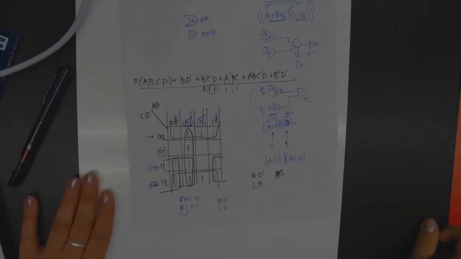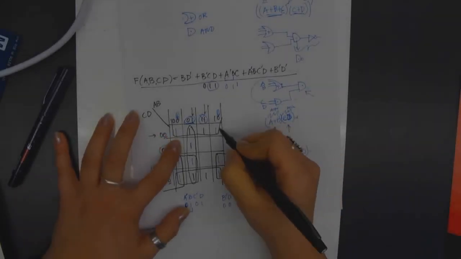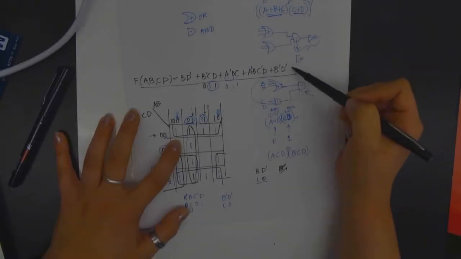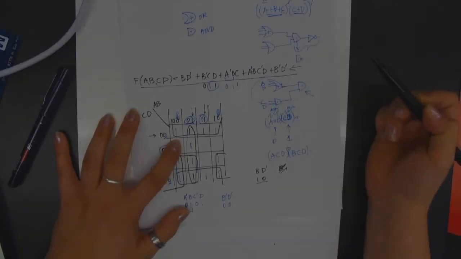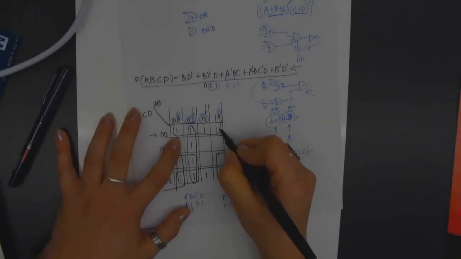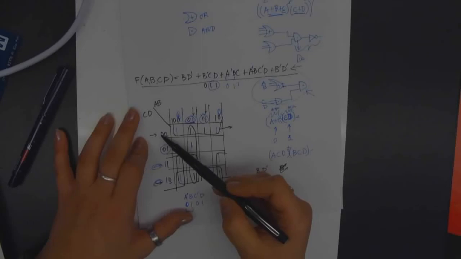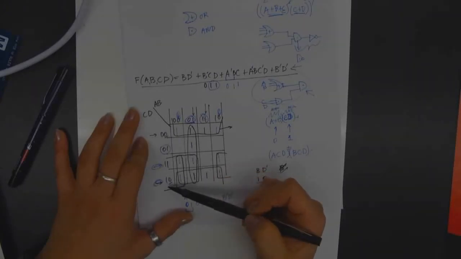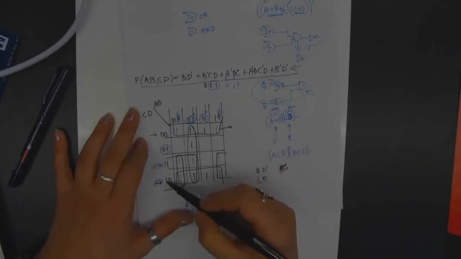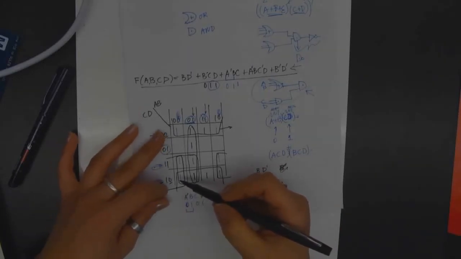Cool. And then you can go from there and name these guys, which would give us our simplified expression. Obviously, this is not simplified. What we're looking for is simplified. So this first one, we're looking at CD both being 0, and then this bottom row, which C is changing from these two, but D is not.